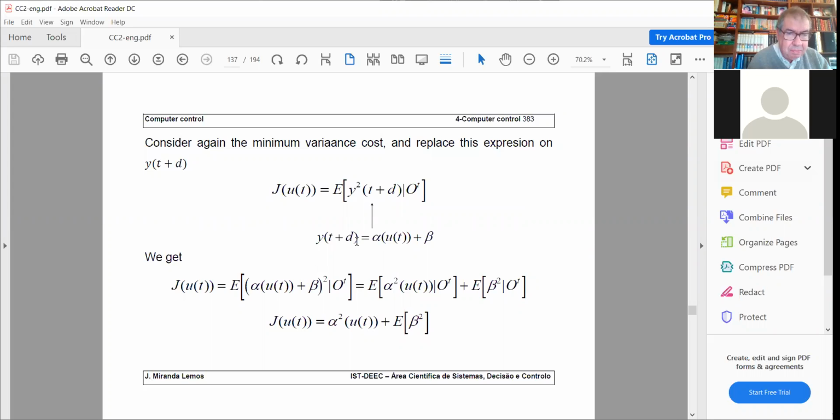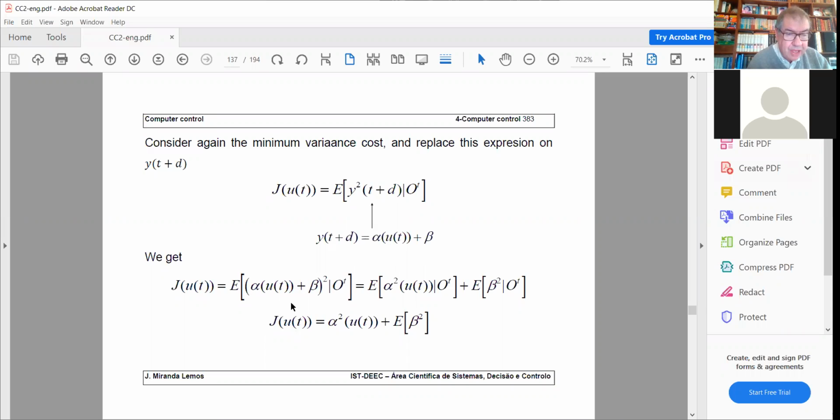Now let's take your model and plug it into the functional that you want to compute. So you replace Y by alpha plus beta, and then you expand the square and take the expected value.